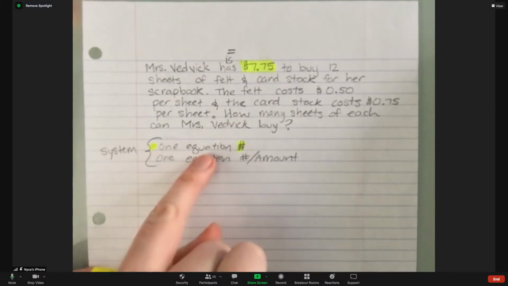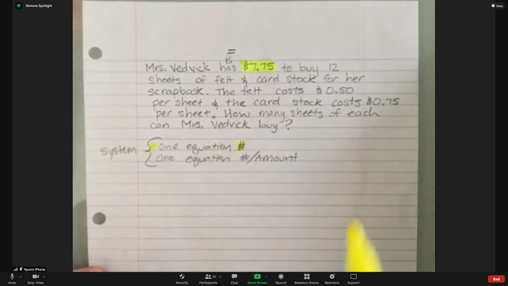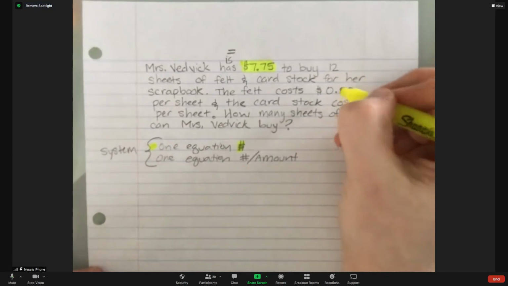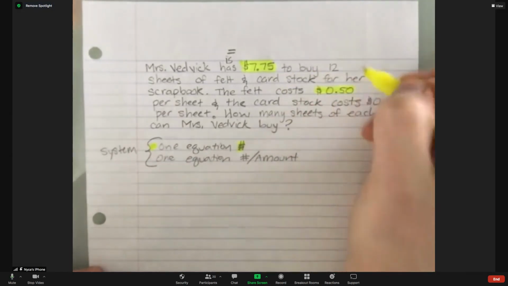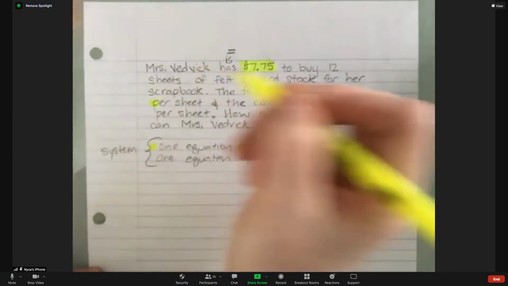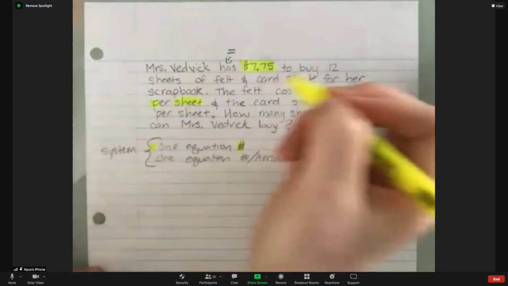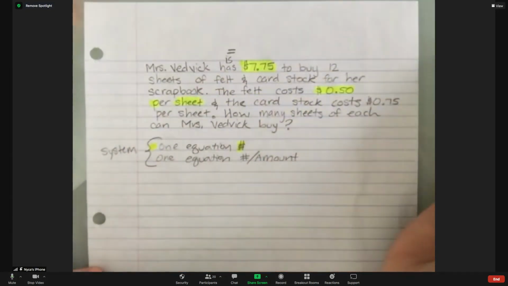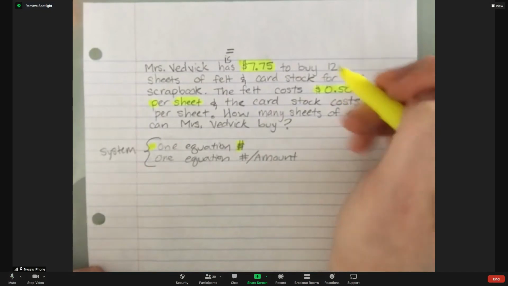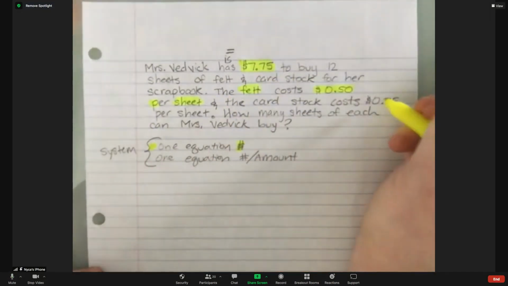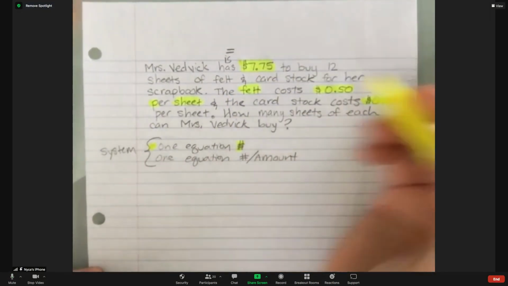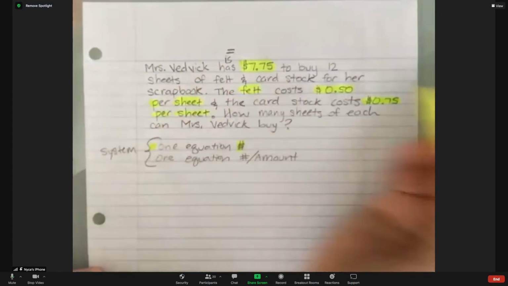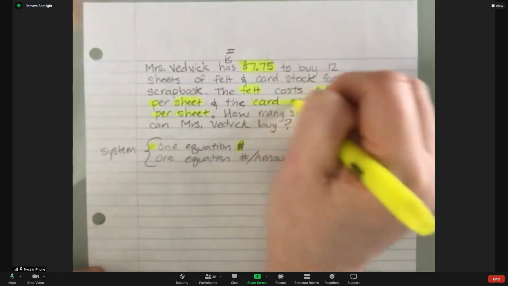What are we purchasing? Okay, I see money here as 50 cents per sheet for the felt. And then I see 75 cents per sheet for the cardstock.